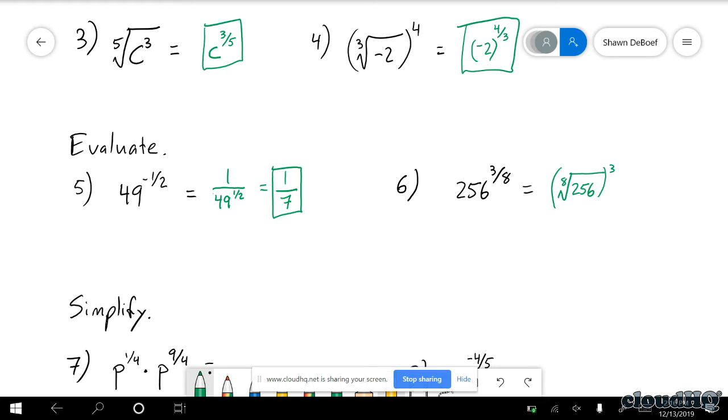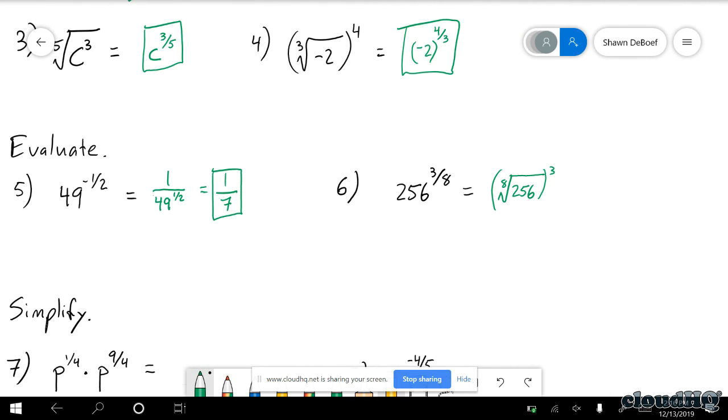So 8th root, that's still a very big power. And you might not be real familiar with 256. But I will tell you it's a power of 2. If we think about 2s, 2 to the 1st power is just 2. 2 to the 2nd power would be 4. 2 to the 3rd is 8. And 16, and then 32, 64, 128, 256.